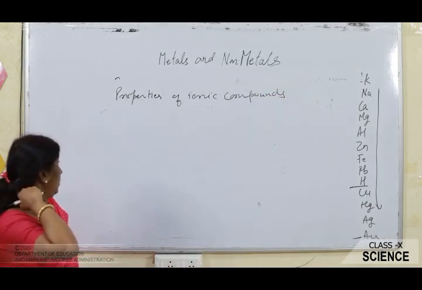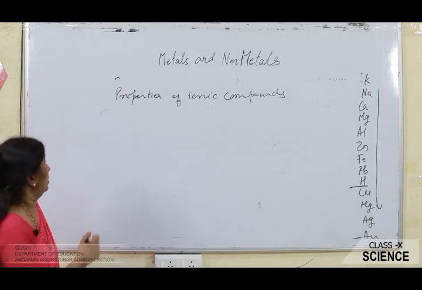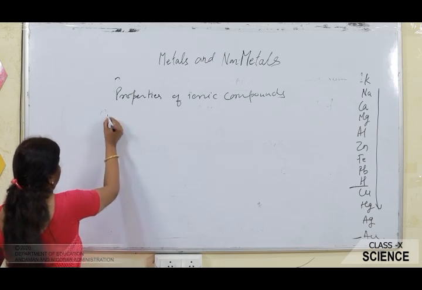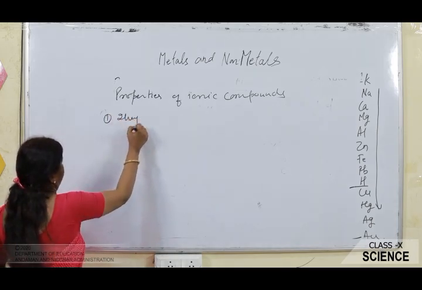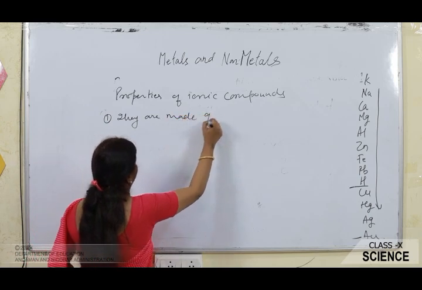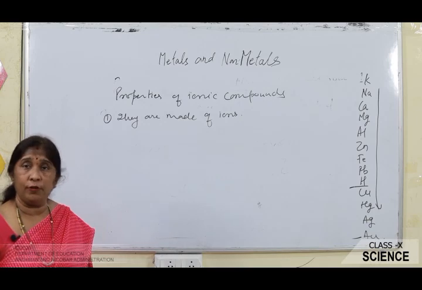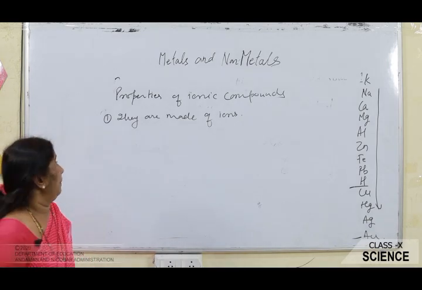Now, see here, what are the properties of these ionic compounds? First, they are made up of ions. Ionic compounds, they are made up of ions.